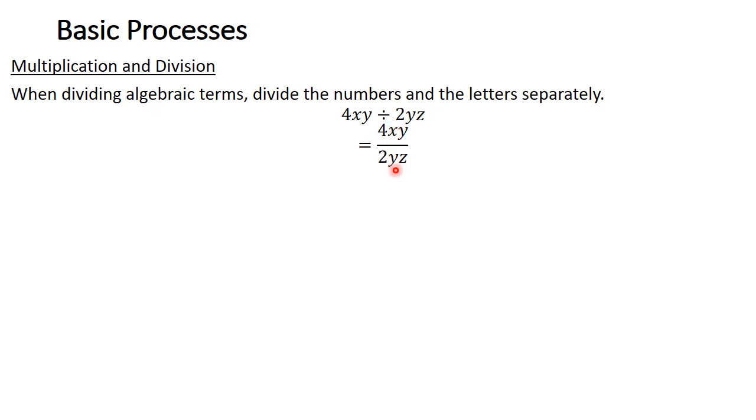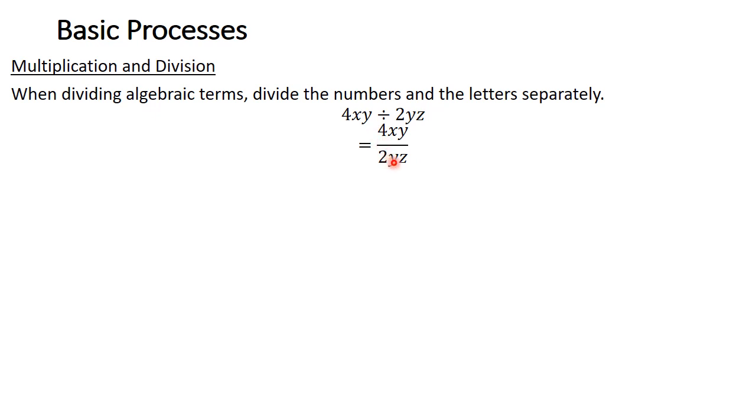Then you go to the letters. The way to divide them is also to cancel. So you ask yourself, do we have y on top? Yes. Okay, so if we cancel, how many y's are in y? 1. And how many y's are in y? 1. And again, we go to z. Do we have z on top? No, we don't. So we are done. So what I've done is I've divided the numbers, 2 in 4, 2.